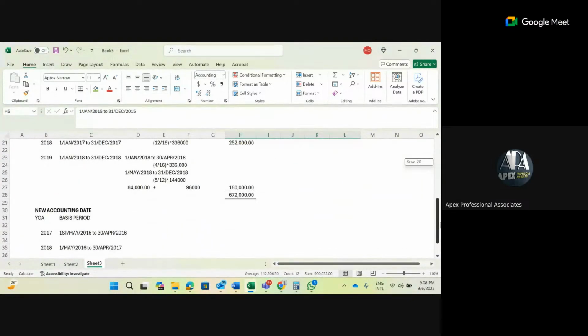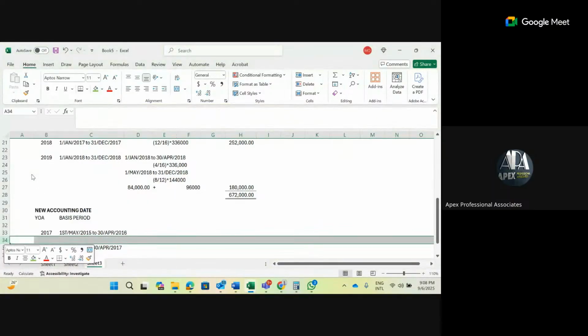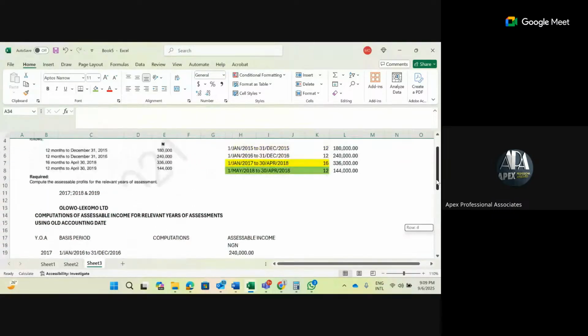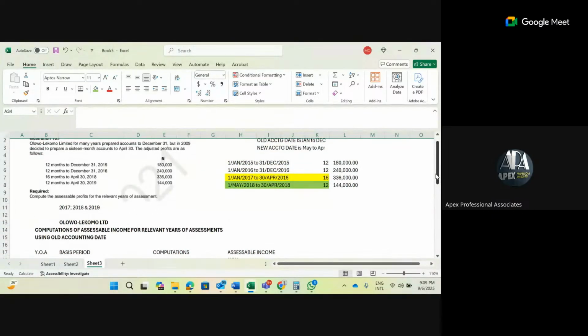So from 1st of May 2015 to 30th of April 2016, are we going to get this profit from a single year here? Definitely no. We are going to get 1st of May 2015 to 31st of December 2015 from 180,000 naira.